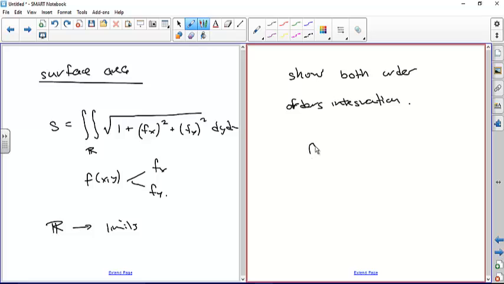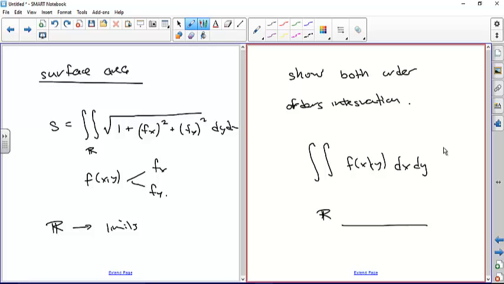So what that means is that I'll define some region explicitly in the xy plane, which then you can come up with the limits, and they're going to be different depending upon which order I do it in. So there'll be some function f of x y which won't change.